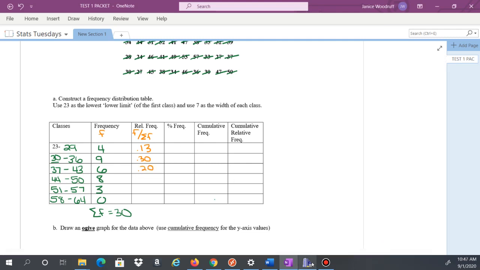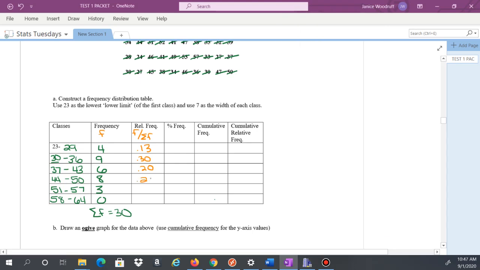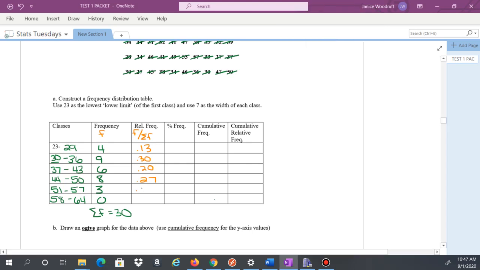Then you have 8 divided by 30. So 0.27. 3 divided by 30. 0.10. And then we know 0 divided by 30 is going to be 0.